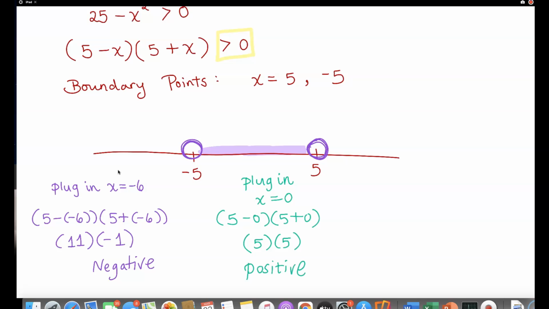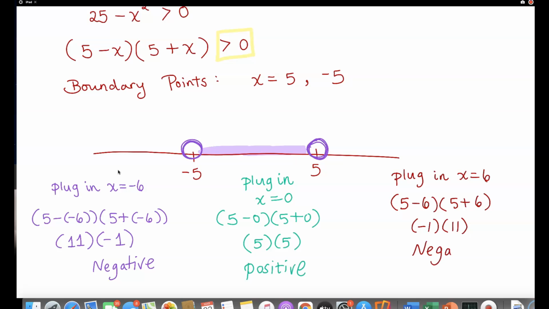But I should check the last interval. I'm just trying to be good here, okay? I will plug in a number that is bigger than 5. Plug in x equals 6. Then I will get 5 minus 6 times 5 plus 6. That is negative 1 times 11. If I multiply these two, I will get a negative.